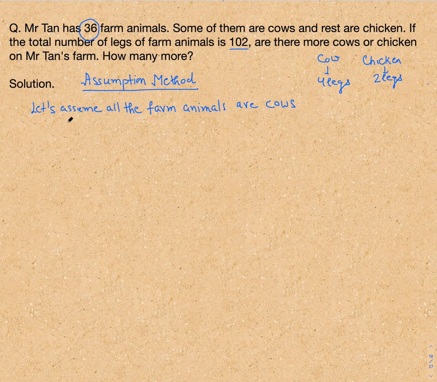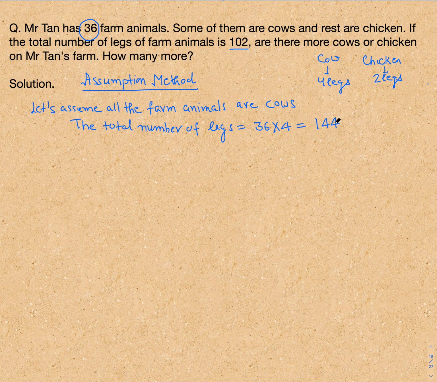So what would be the total number of legs? It will be 36 times 4, because each cow has 4 legs, so all 36 cows will have how many legs?